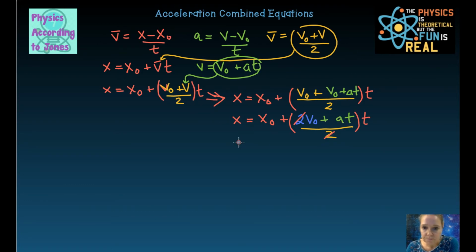So let me rewrite this again. X equals X naught plus, all right, so what are we going to have here? Just our V0, okay, plus, now we're going to get our 1/2 in there.